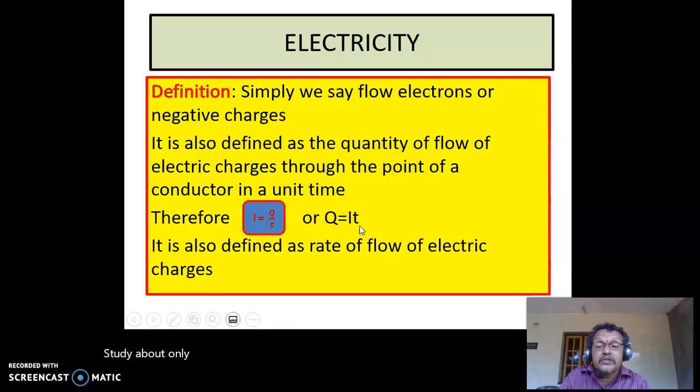It is also defined as the rate of flow of electric charges. Rate means the same thing: in unit time, how many electric charges are passing through a point?